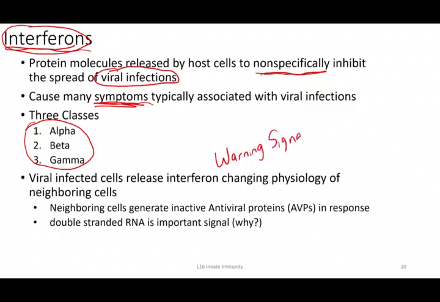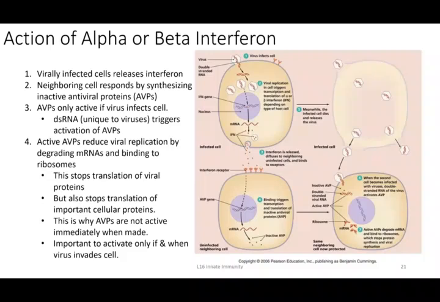When a cell is infected by a virus, that virally infected cell is going to release interferon, and that's going to then serve as a warning signal to change the physiology of those neighboring cells. And this is the way in which they're going to do it, but rather than talk about it here, we're going to look at a picture to better understand how interferons can be protective.